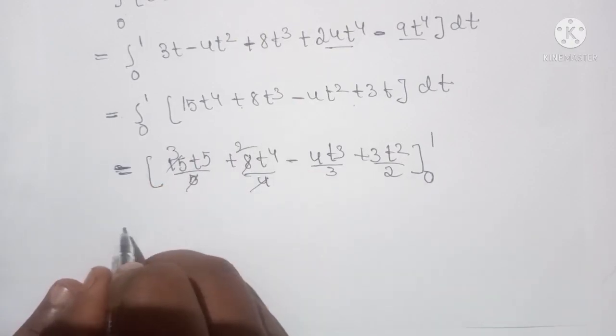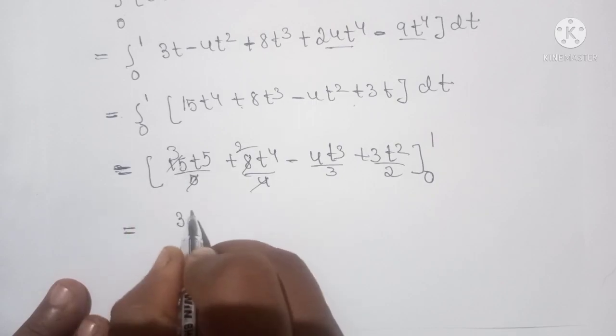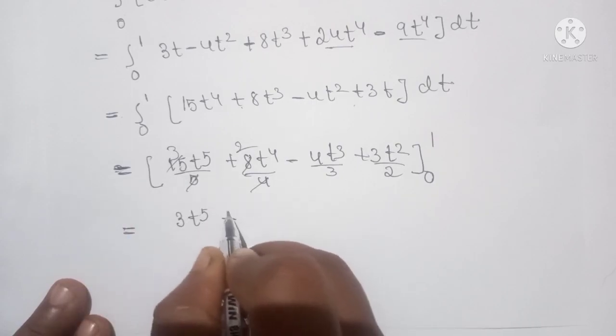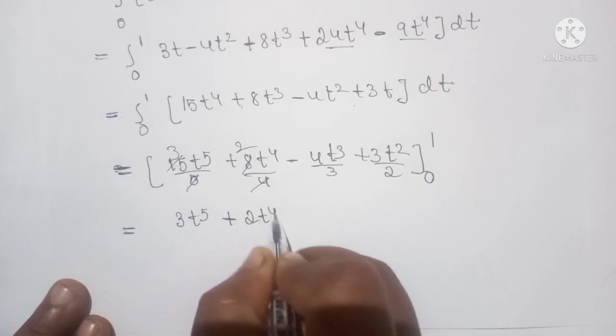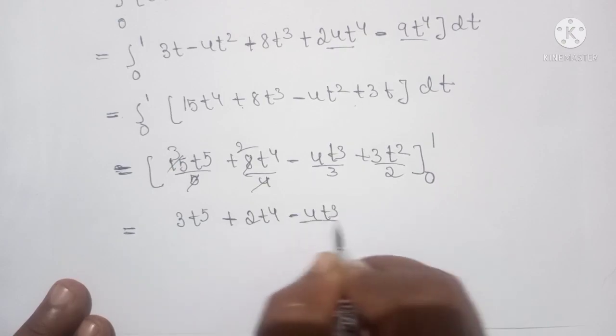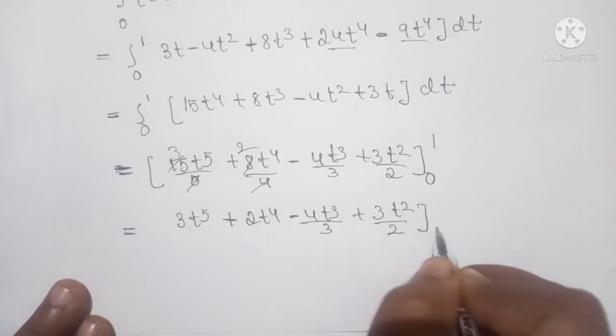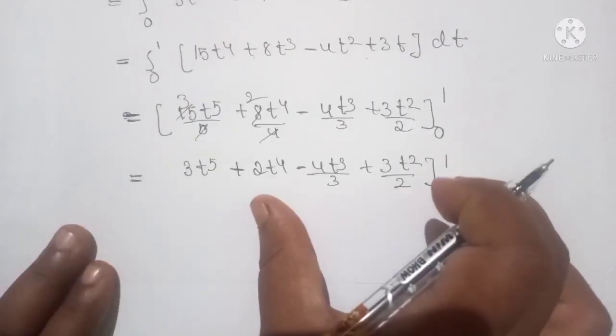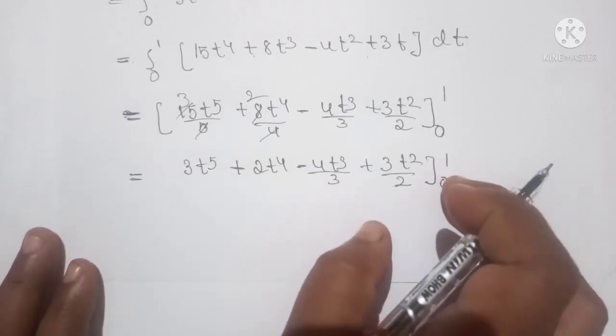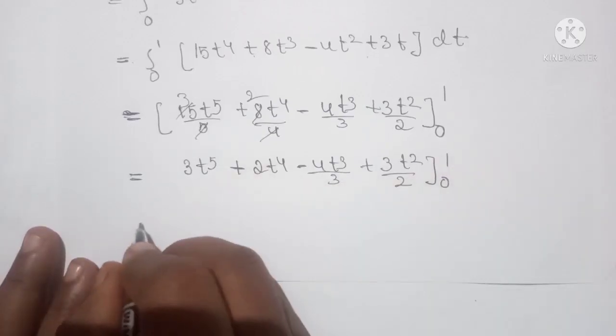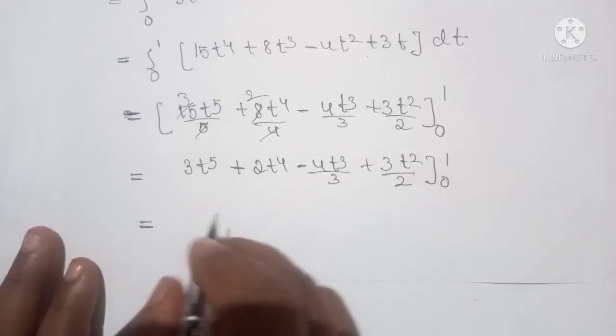Therefore here we get 3t power 5 plus 2t power 4 minus 4t cube by 3 plus 3t square divided by 2, and the limits are 0 to 1. Now evaluating these limits, we apply the upper limit minus the lower limit.